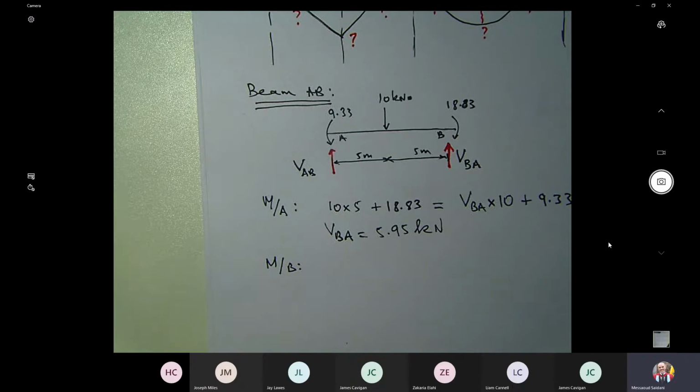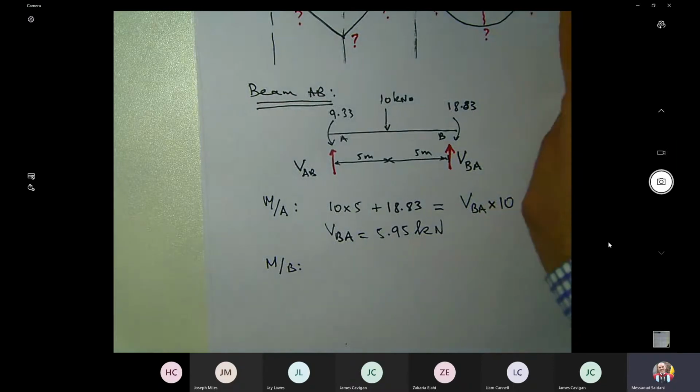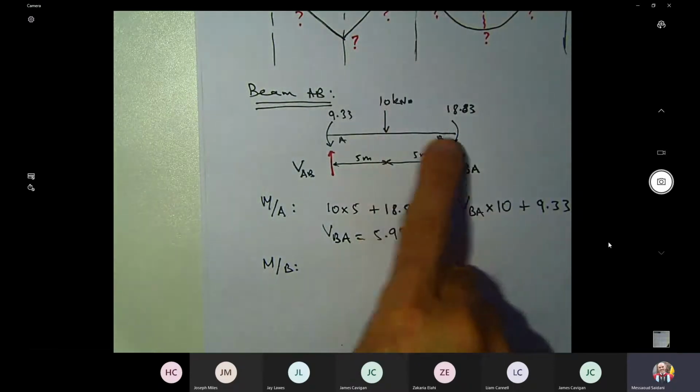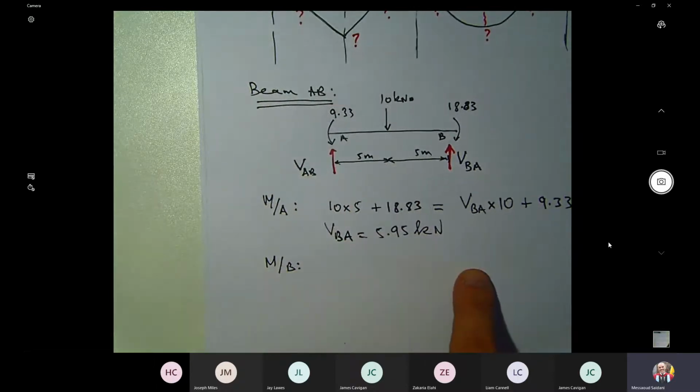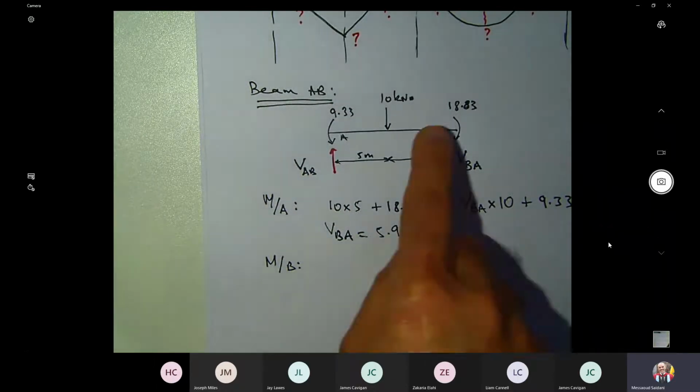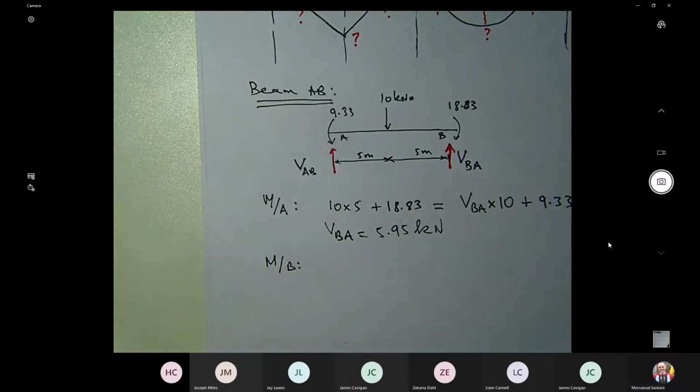The second equilibrium equation. So look at B and write down, look at joint B here, okay? Look at joint B and write down all the moments that are clockwise equals to all the moments that are anti-clockwise about B. Just follow what we did here.